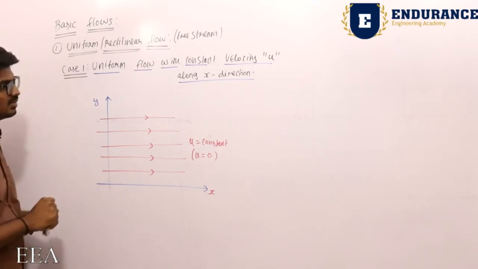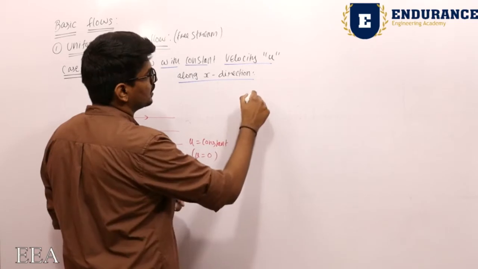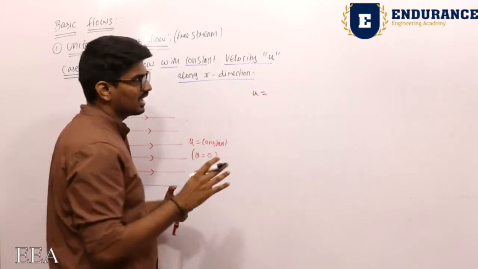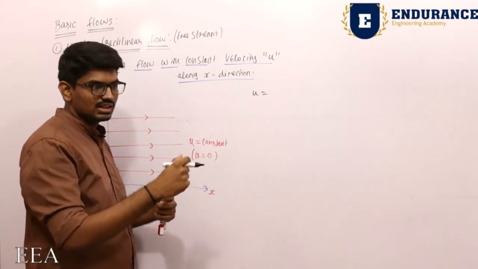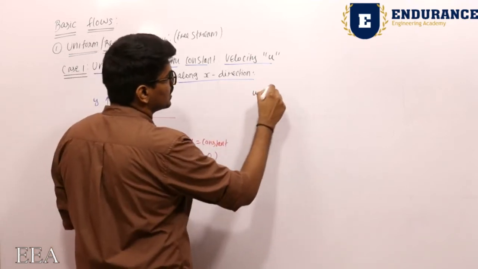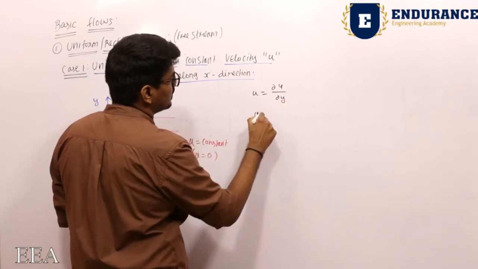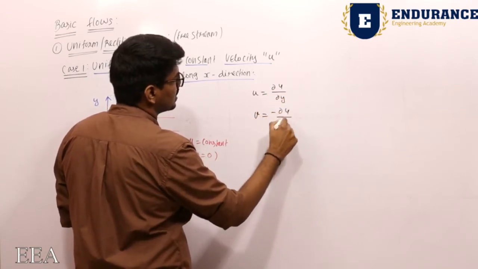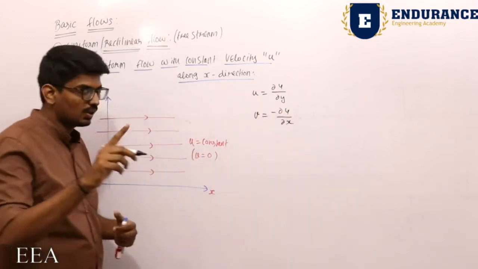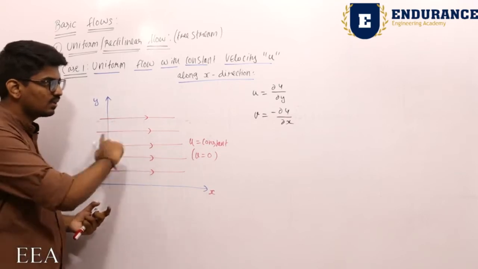Now generally we are going to form an equation by using the stream function and also the velocity potential function. We know u is equal to dou psi by dou y, and v is equal to minus dou psi by dou x. Now v is 0 because there is no vertical component of velocity, only a horizontal component.